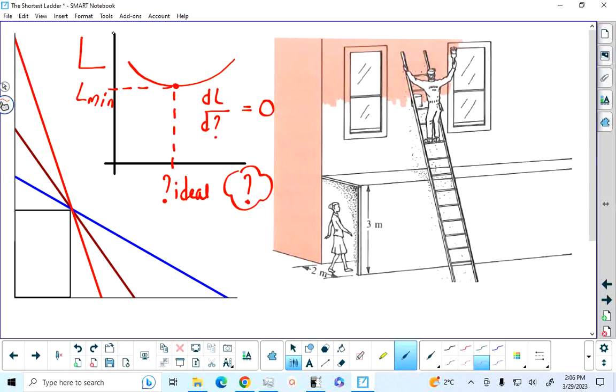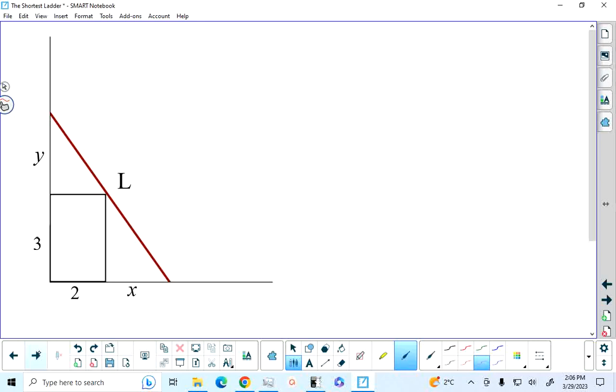Well, we need to introduce a variable. We need to introduce something that's going to be thought of as being plotted on the horizontal axis. And I'm choosing to put an x in here for the distance between the foot of the ladder and the corridor on the street, and a y for the distance between the top of the ladder where it meets the wall and the top of the corridor.